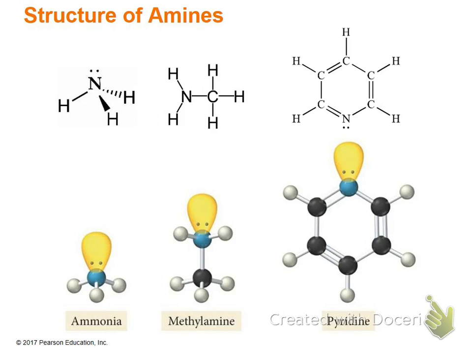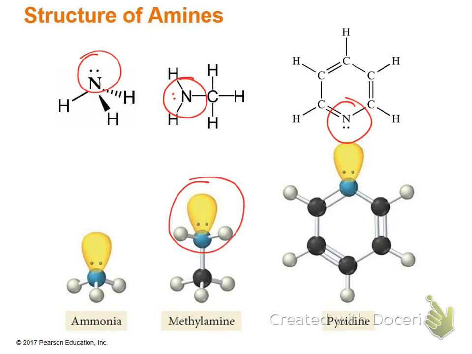For example, this nitrogen in ammonia contains a lone pair. This nitrogen in pyridine also has a lone pair. And this nitrogen in methylamine also has a lone pair. It's just not shown here, but there is a lone pair of electrons, as you can see here in this ball and stick figure.